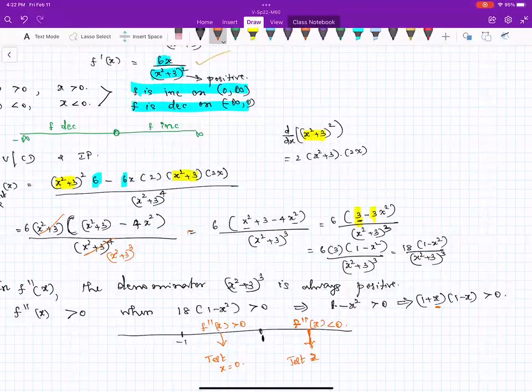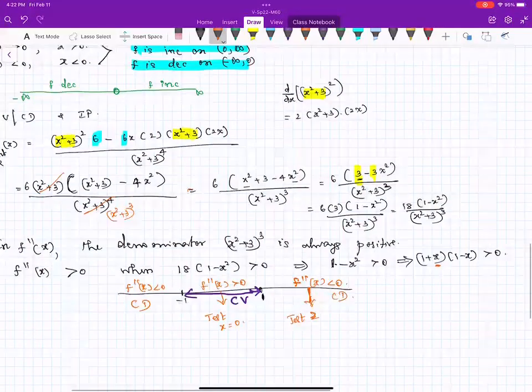Then to the left of negative 1, if you plug in x equal to negative 2, you get a negative times positive, that will be negative. So f double prime x will be negative here. So here it is concave down in this interval. In this interval, it is concave up. Then in the third interval, it is concave down also.